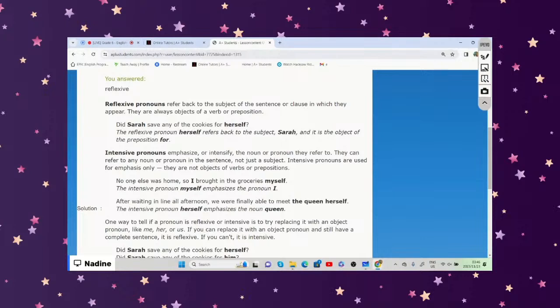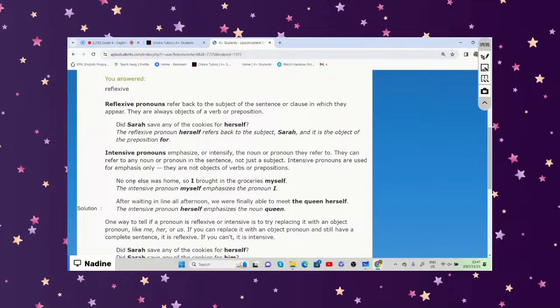Which means that the intensive pronoun myself emphasizes the pronoun I. And then after waiting in line all afternoon, we were finally able to meet the queen herself, right? Which means that the intensive pronoun herself emphasizes the queen. So we are putting emphasis on the queen, or we're putting emphasis on myself, right?